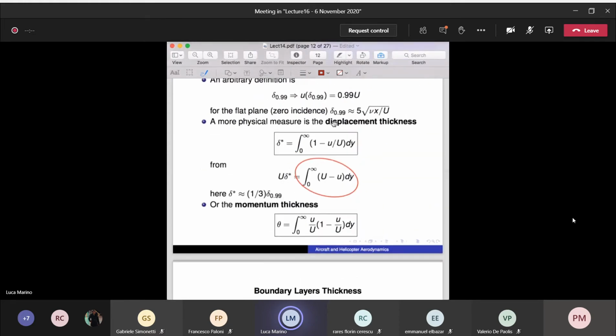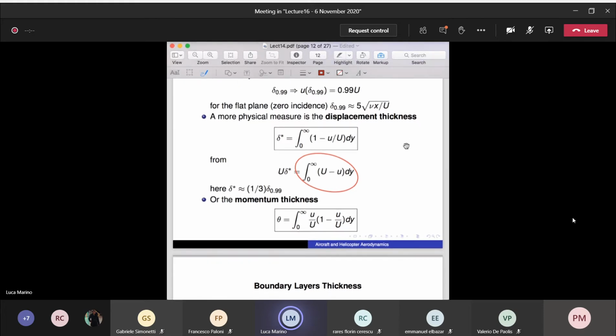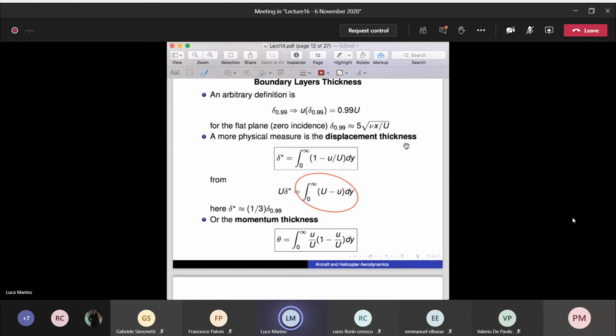So, in summary, displacement and momentum thickness are physical measures of the effect of the presence of the boundary layer, okay? And are not related to any arbitrary definition. If you report the displacement thickness for your problem, there is no ambiguity. So another researcher in another place of the world, if he wants to make a comparison, knows that to evaluate delta, this is the unique expression.